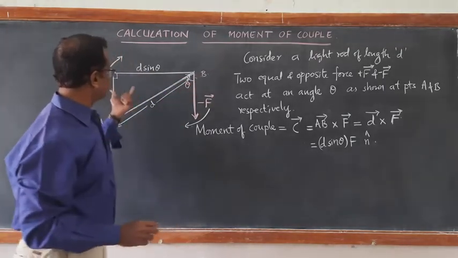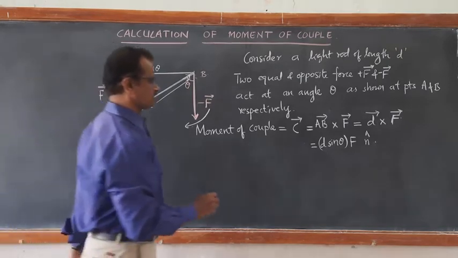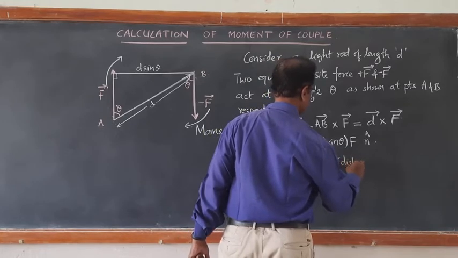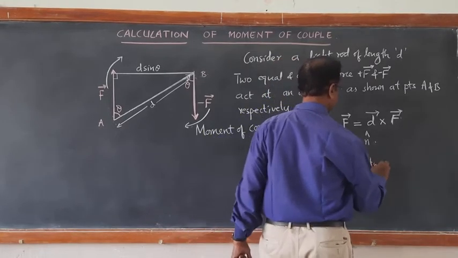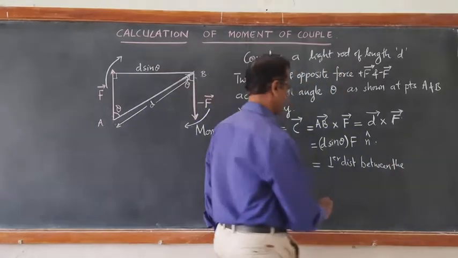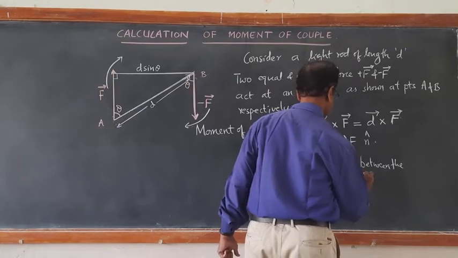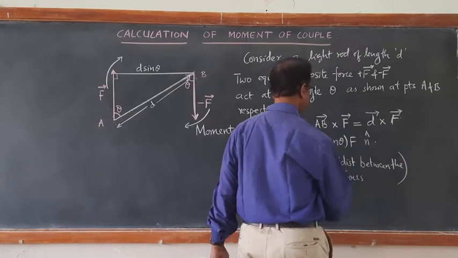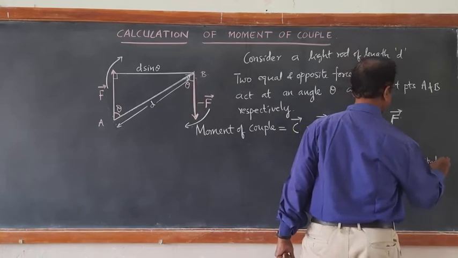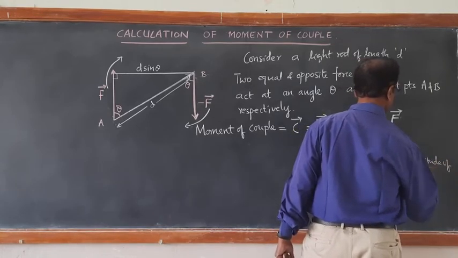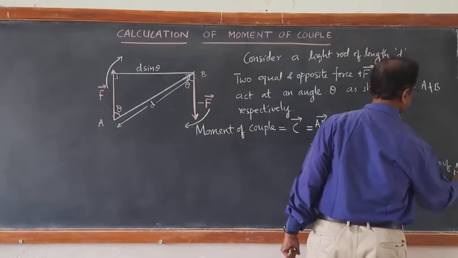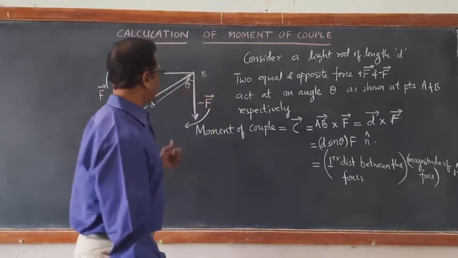So from the diagram, d sin theta is nothing but the perpendicular distance between the lines of action of the forces, into the magnitude of force. So this gives you the torque into n cap. So n cap gives you the direction of torque.